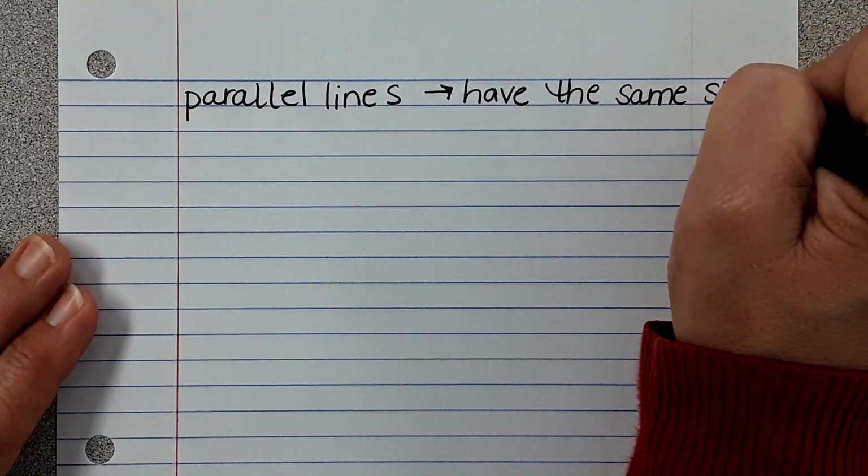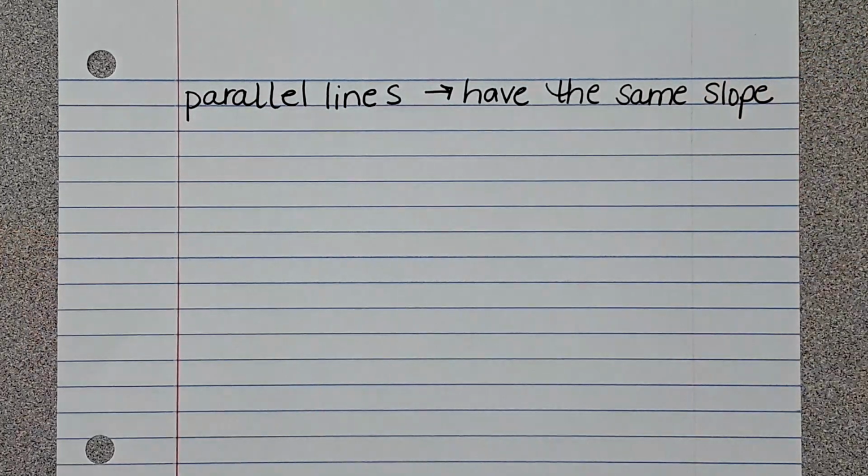So if I tell you these two lines are parallel, then the slopes are going to be identical. That means if the slope of one line is 1/2, the slope of the parallel line is 1/2. If I tell you the slope of the one line is 5/3, the slope of the other line is 5/3. So parallel lines have identical slopes.